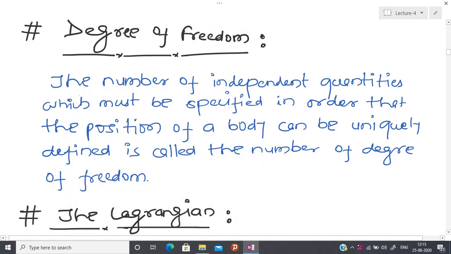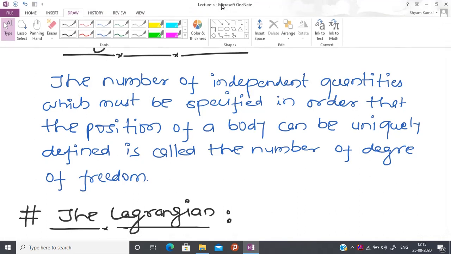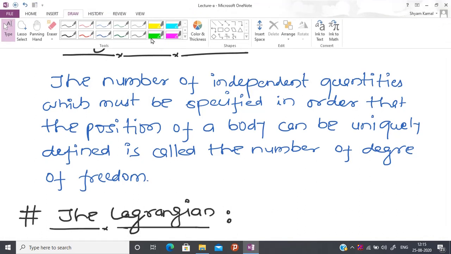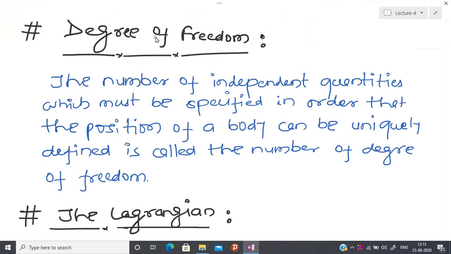I have already told you that in order to specify the location of some system, or to characterize the dynamical system, I have to uniquely define the position, and once I know the position, I can talk about the rate of change of position.